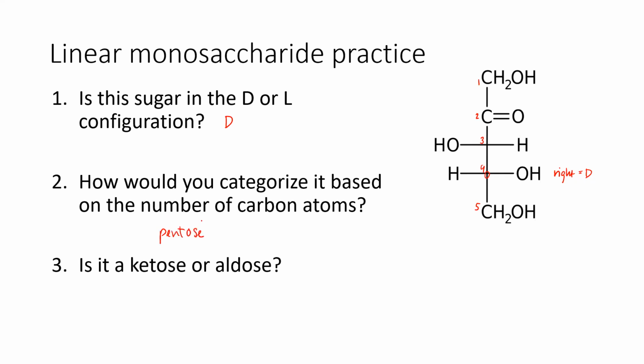So it's a pentose, meaning a sugar with 5 carbons in it. And this is a separate idea than when it's in the ring form, when we can talk about how many members are in the ring. The number of carbons is not necessarily always the same as the number of members in the ring, but we'll get there when we start looking at the ring form.